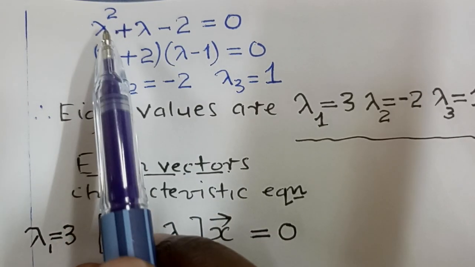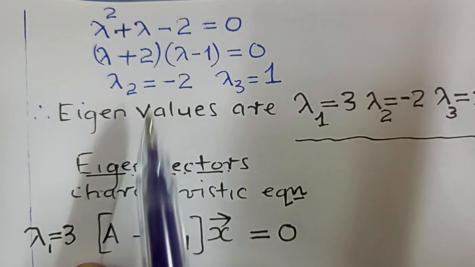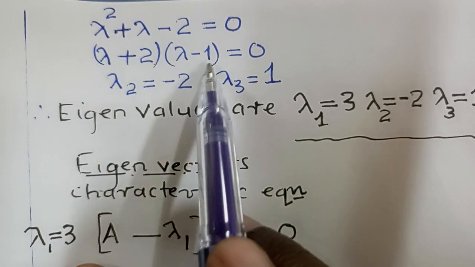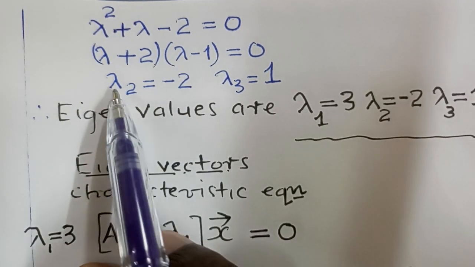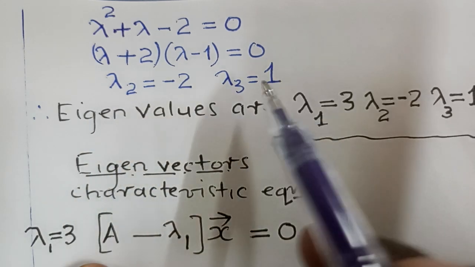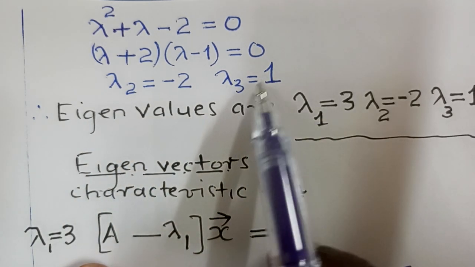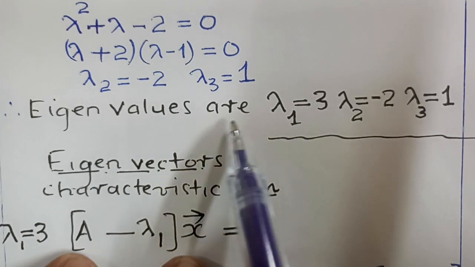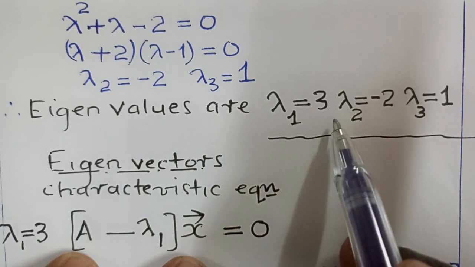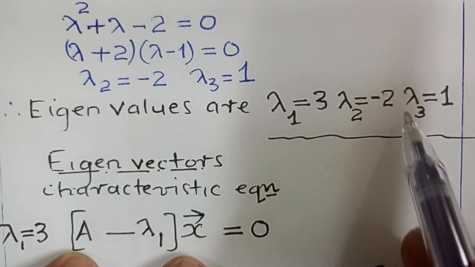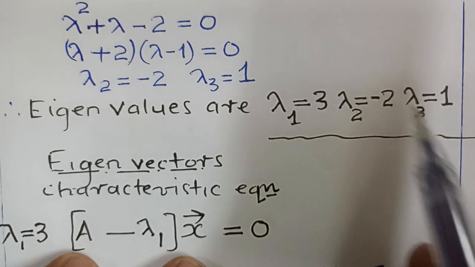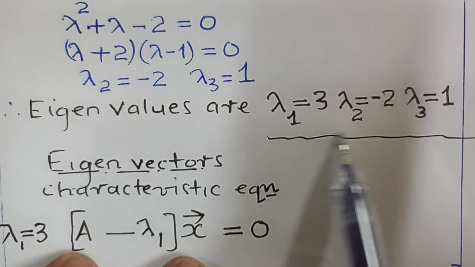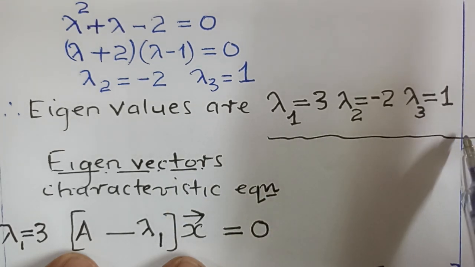Solving the quadratic equation, we get these two factors, which give lambda 2 equals negative 2 and lambda 3 equals 1. And so our eigenvalues are lambda 1 equals 3, lambda 2 equals negative 2, and lambda 3 equals 1.